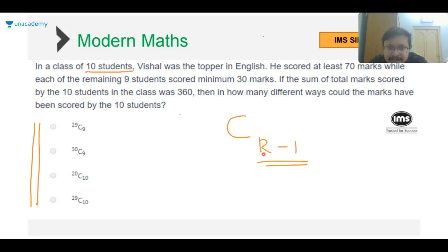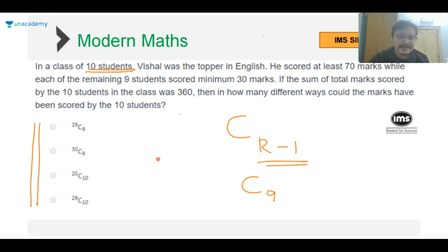Why? Because if you allocate marks to 9 students, you automatically allocate to the 10th student. So the moment you see 10 students, you should be looking at which option is of the form C9. That is the first job. Even if you cannot solve the question, first look at which option is of the form C9.